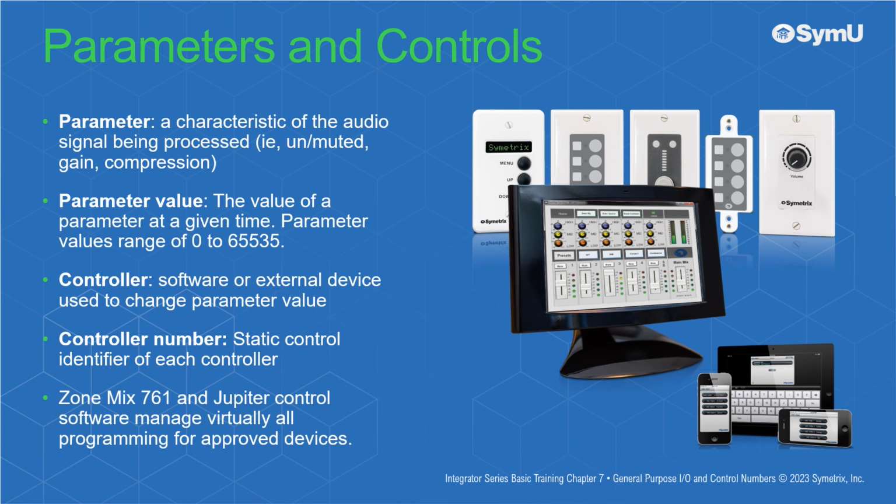These controller numbers are numeric and in the Integrator series will not change regardless of your configuration choices. In a few slides, we'll look at where you can find the controller numbers for any Symetrix 761 or Jupiter software controller. External control devices will also have a control number that is defined using two mechanical selectors within the physical device itself, and we'll look at those as well.